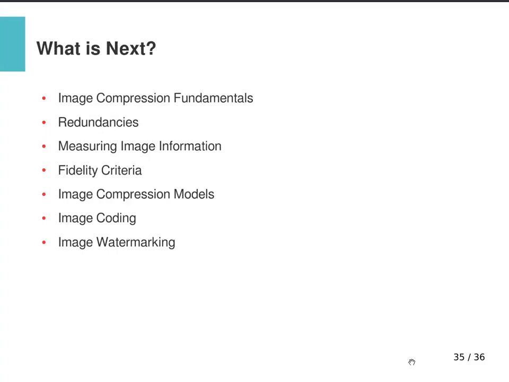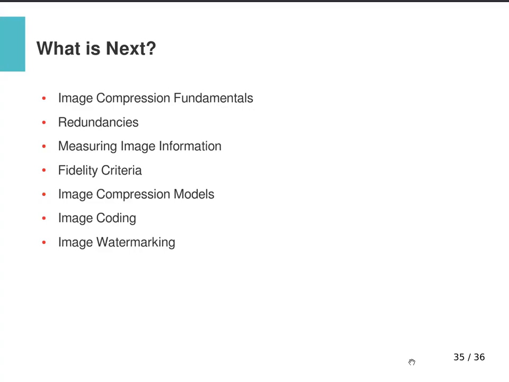So by this I conclude the lecture on color image processing. In the next lecture I will give you a brief introduction to image compression and watermarking. We talk about some fundamentals of image compression. I describe different types of redundancies that you can have in images or sequences of images.